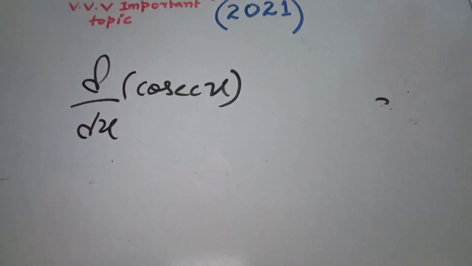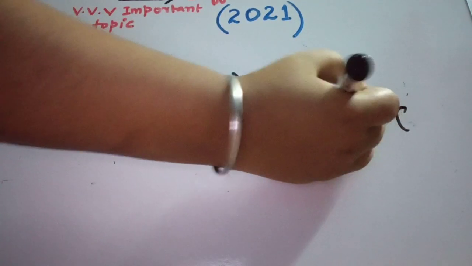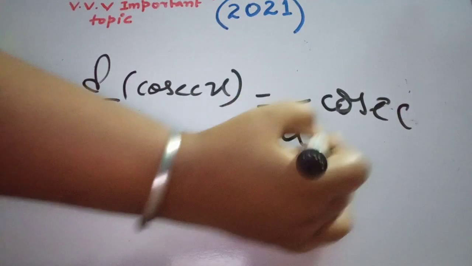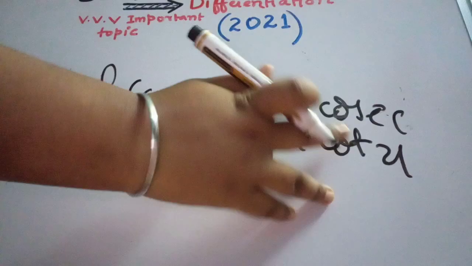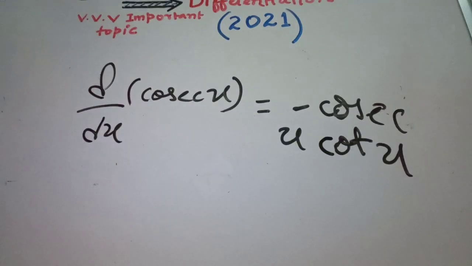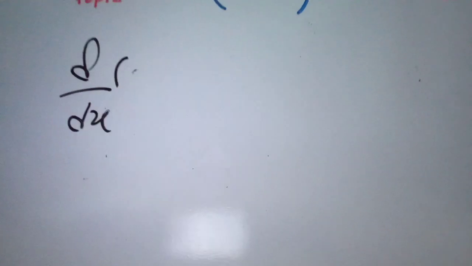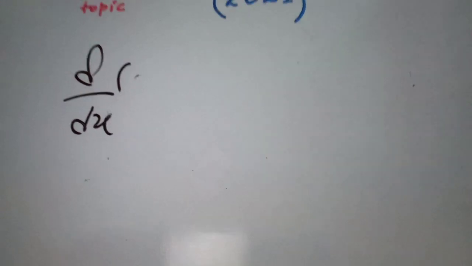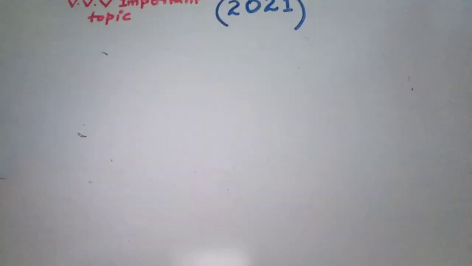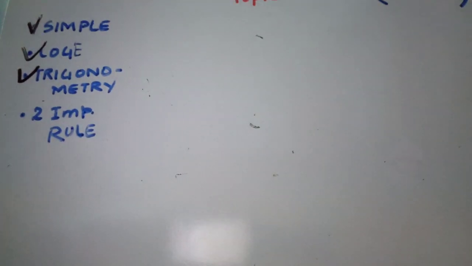D by dx of cosec x is minus cosec x cot x. Now understood? So by this we have finished trigonometry, and we put a tick mark in trigonometry, but one topic is left, that is the two important rules.